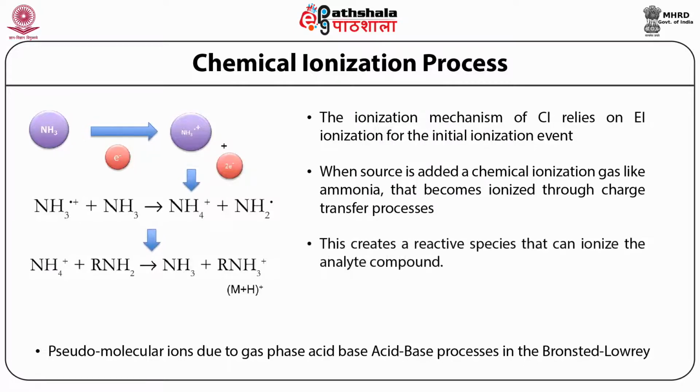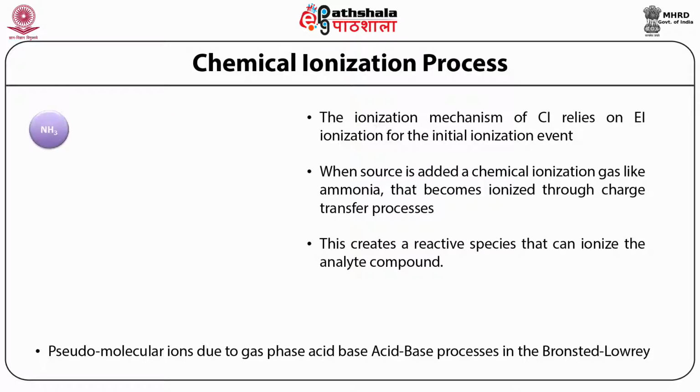This creates a reactive species that can ionize the analyte of interest. The ammonia becomes a charged ion, then it transfers the charge to the analyte, which is of our interest. That is how this atmospheric pressure chemical ionization process works.